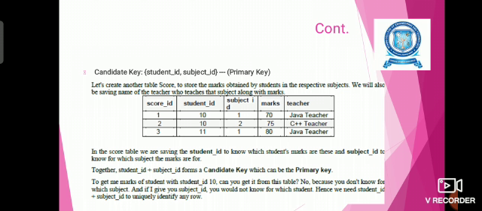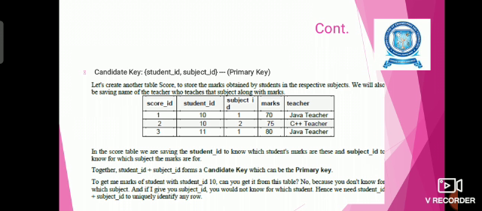That is the composite attributes, student ID along with subject ID, both combined will become the primary key, since, as we said previously, a single student is undergoing multiple subjects. So the student ID and the subject ID together are the primary key of this table.